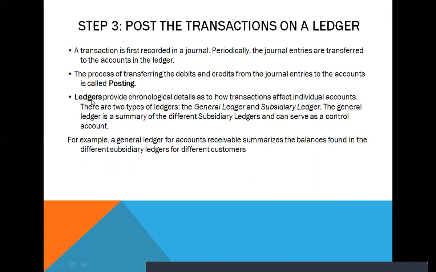Chronological, so January 1, January 2, January 3, until January 31. There are two types of ledgers, the general ledger and the subsidiary ledger. The general ledger is a summary of the different subsidiary ledgers and can serve as a control account. For example, a general ledger for accounts receivable summarizes the balances found in the different subsidiary ledgers for different customers.